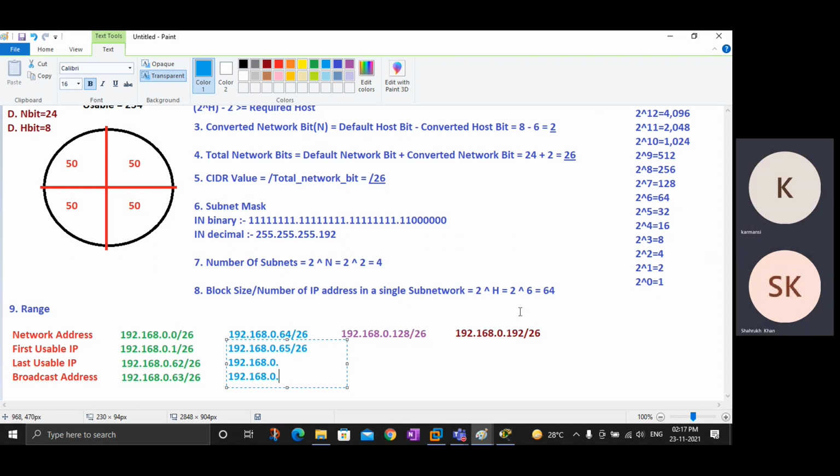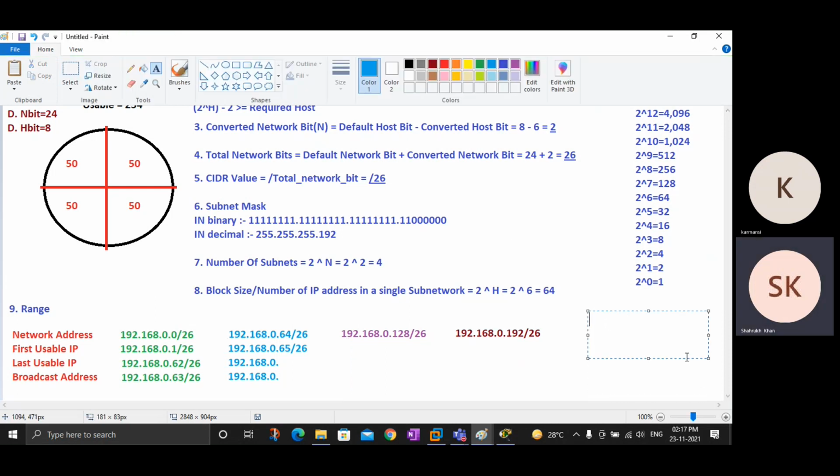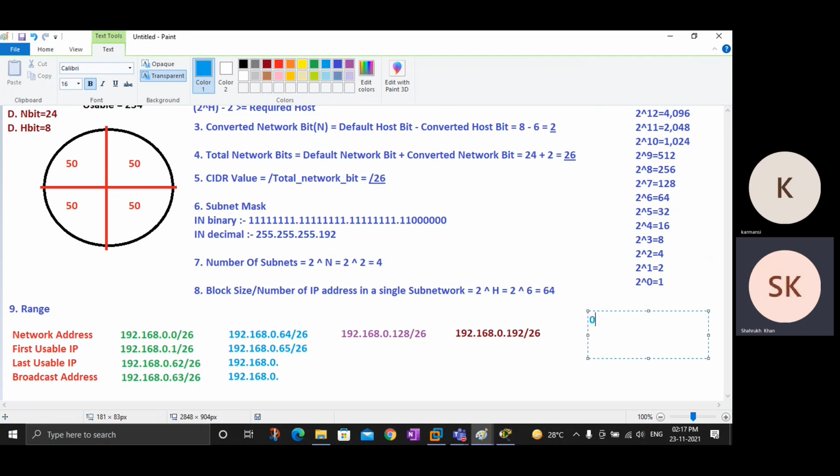So the last one is 255. Last one of which subnetwork? Just see here. You need to start from 0 and you need to go up to 255.